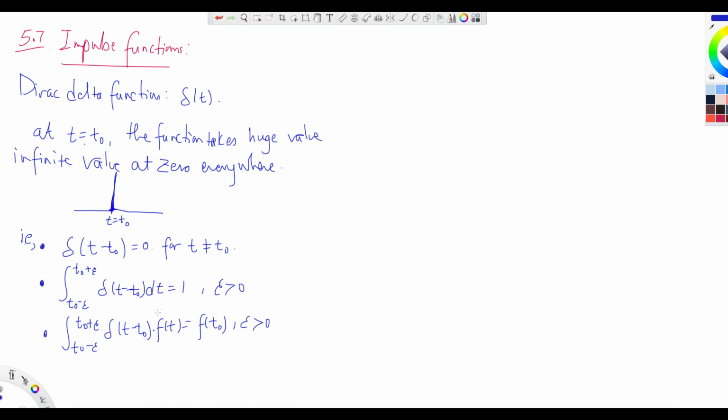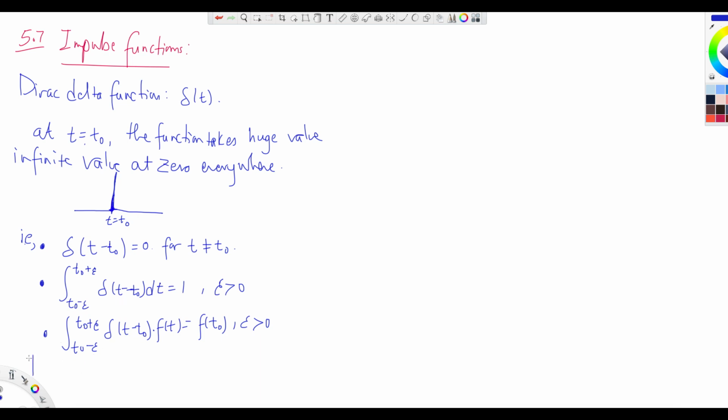If you multiply the delta function with a function f(t) and integrate that product over the interval t0 minus epsilon to t0 plus epsilon, the value will be f of t0, the value of the function at t0. These are the properties held by the delta function.